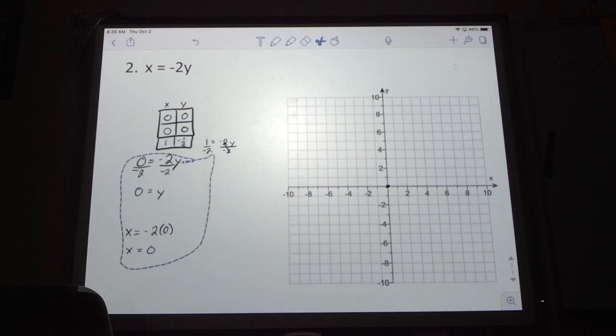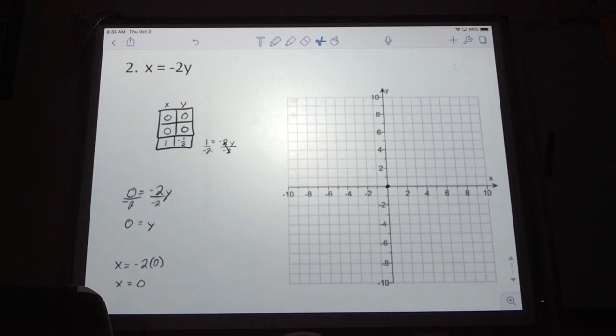Sometimes you just have to look at your table or look at your equation and see what would get a whole number. So we know that if we plug in to x, we're going to end up dividing it by a negative 2. So would 2 make it a whole number? Yes. So would 4, so would 6. Anything that's divisible by that 2.